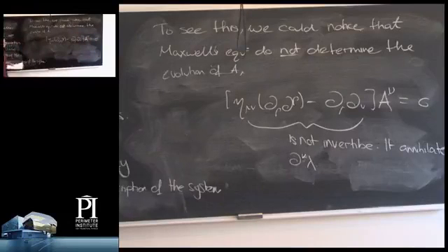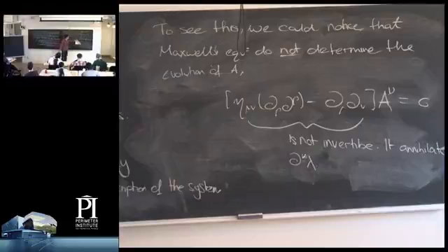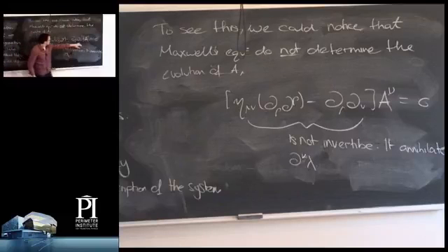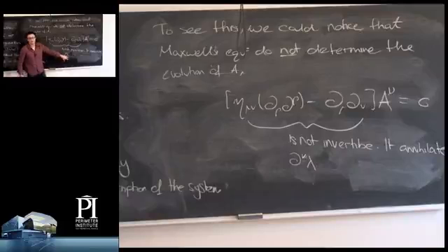So these are Maxwell's equations written in terms of A. This is the second order differential equation that you get. This is just d mu F mu nu equals 0. But this is not invertible. And in particular, it annihilates anything of the form of a derivative of some function: if you put that on the right-hand side of this operator, it's annihilated.